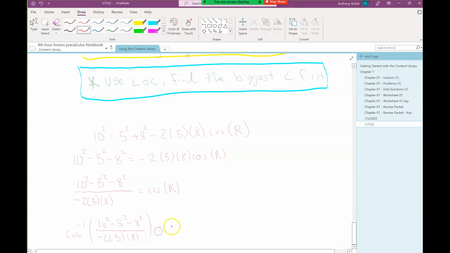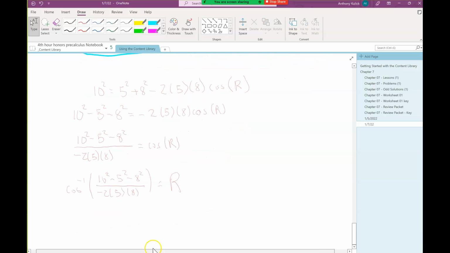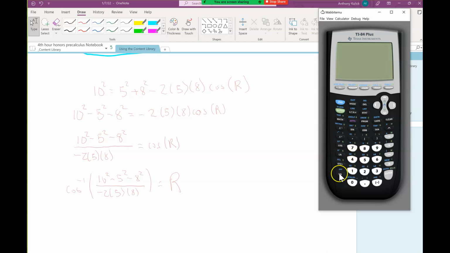And here is a situation where I definitely want to use that fraction command on my calculator because this one, the parentheses are not trivial to put on your calculator to get it to do it in the order you want it to.